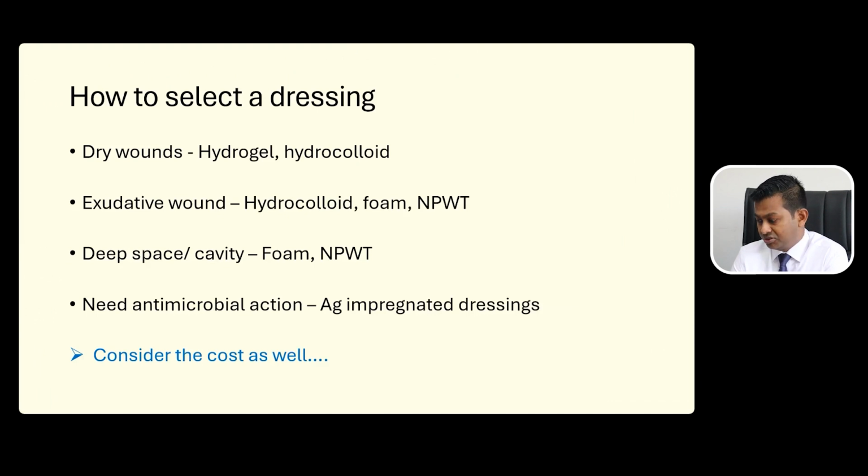Overall, we need to consider the cost as well. Sometimes we may be better off with something quite inexpensive like gauze, saline, acetic acid. They are also available options. Even though they do not come under these names, always remember these choices are there, especially in the community.